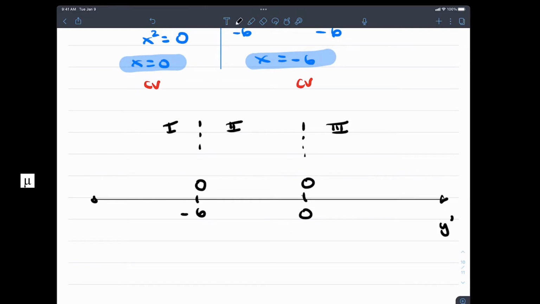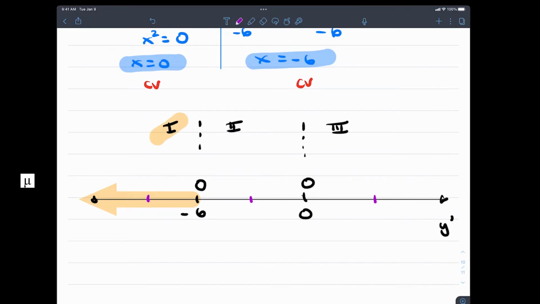Okay, you guys okay with that? Now, what do you guys always need here? Right, for sign analysis, you need test points for each region. So give me a number to the left of negative 6. What do you guys think? Any number has to be to the left of what? Negative 6. We could call it a test point. That'll test region 1. Right?